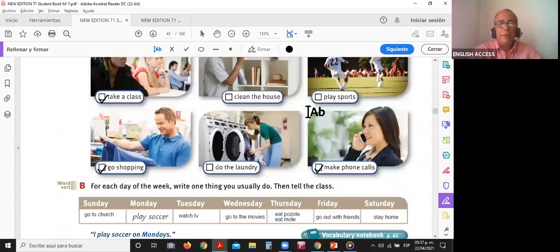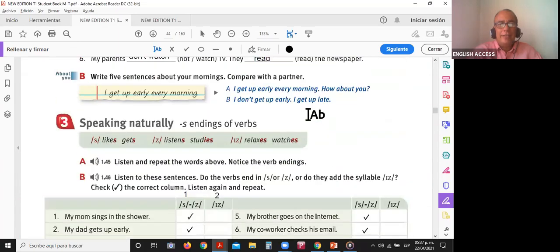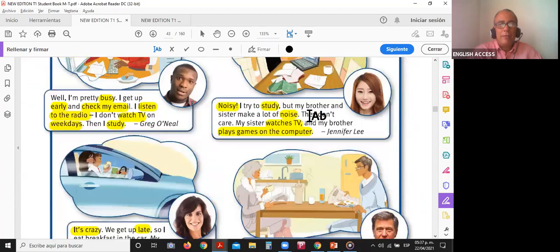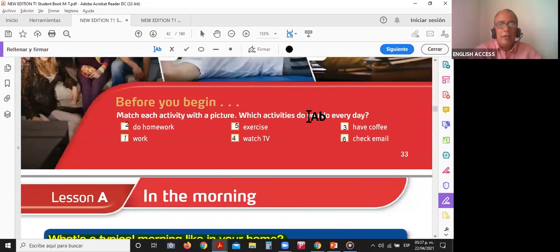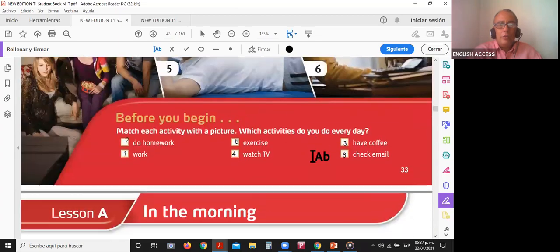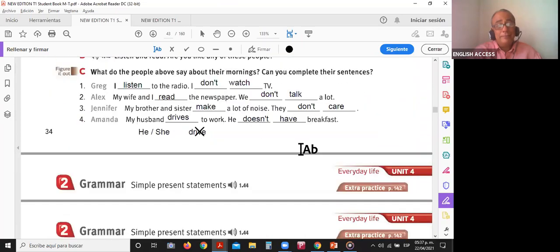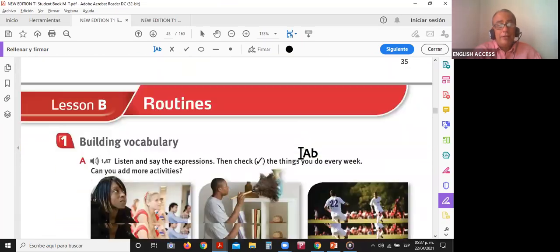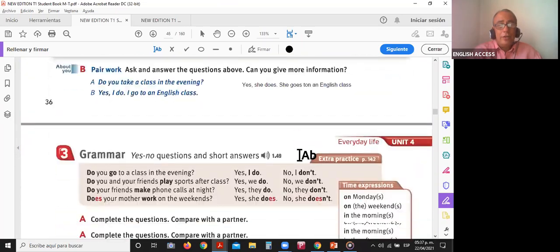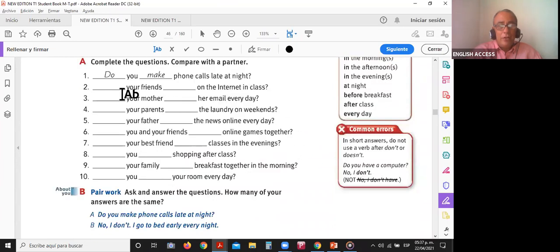What is the verb on the internet? Let's see. We have an example maybe at the beginning. Do homework, no, check email. Could be check email. Okay, so let's identify the verb. Do your friends on the internet in class? What is the verb?